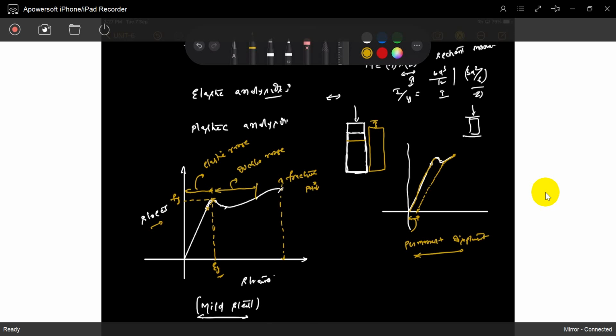Then this range we call strain hardening. At this place, molecular rearrangement is happening, and a small increment of stress happens. When it reaches this point, fracture will come, breakage will come. That is the stress strain curve of mild steel.